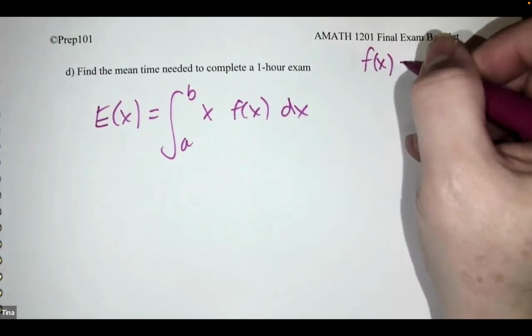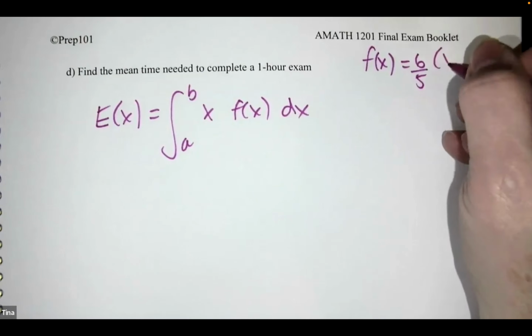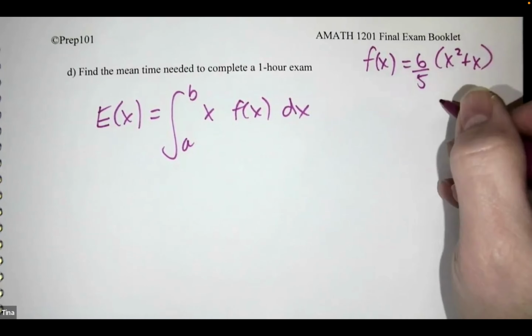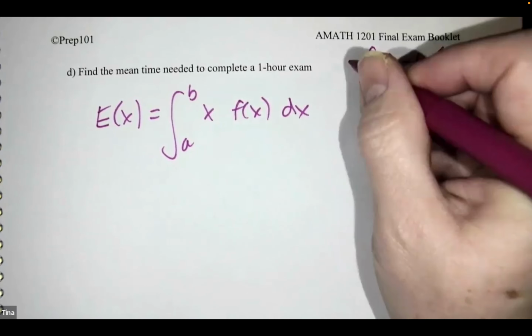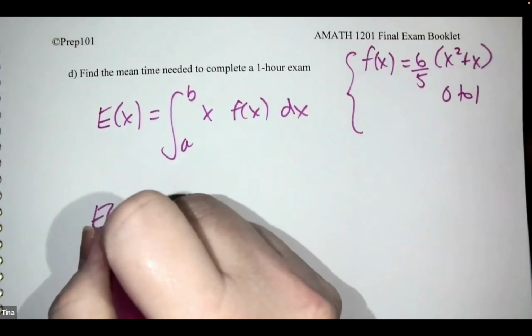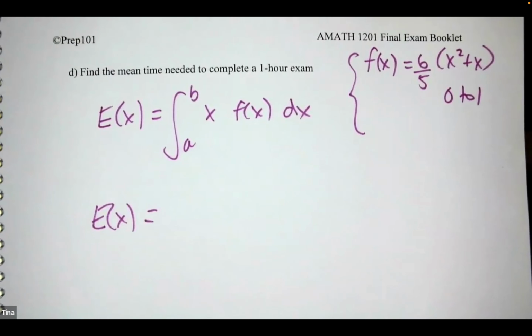Okay, so if our function on the last page was 6/5 times x squared plus x going from 0 to 1, what's your E of x going to be here? And once you get it, do the next couple steps.